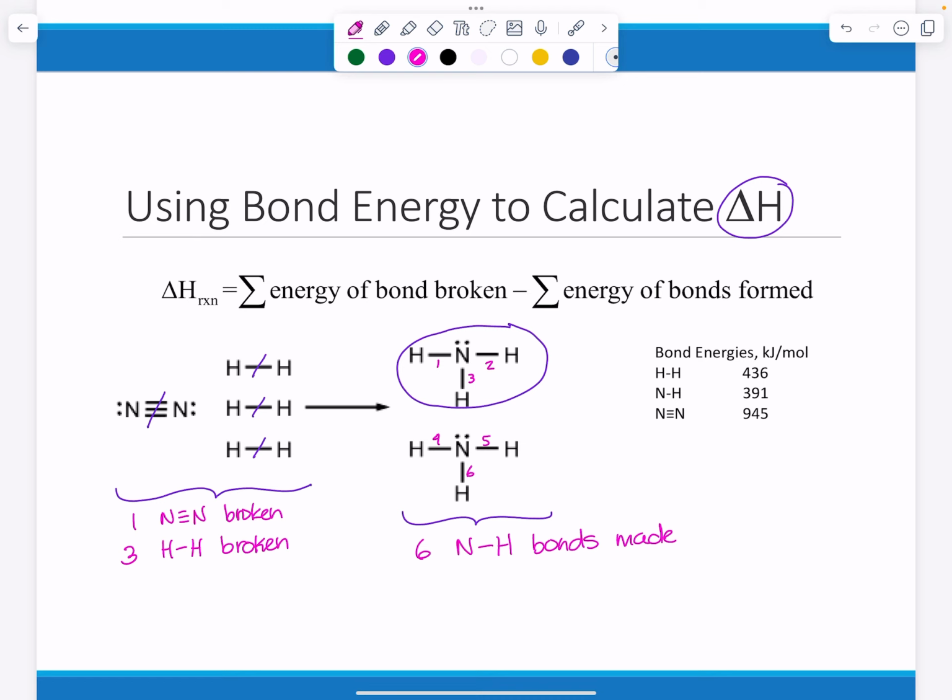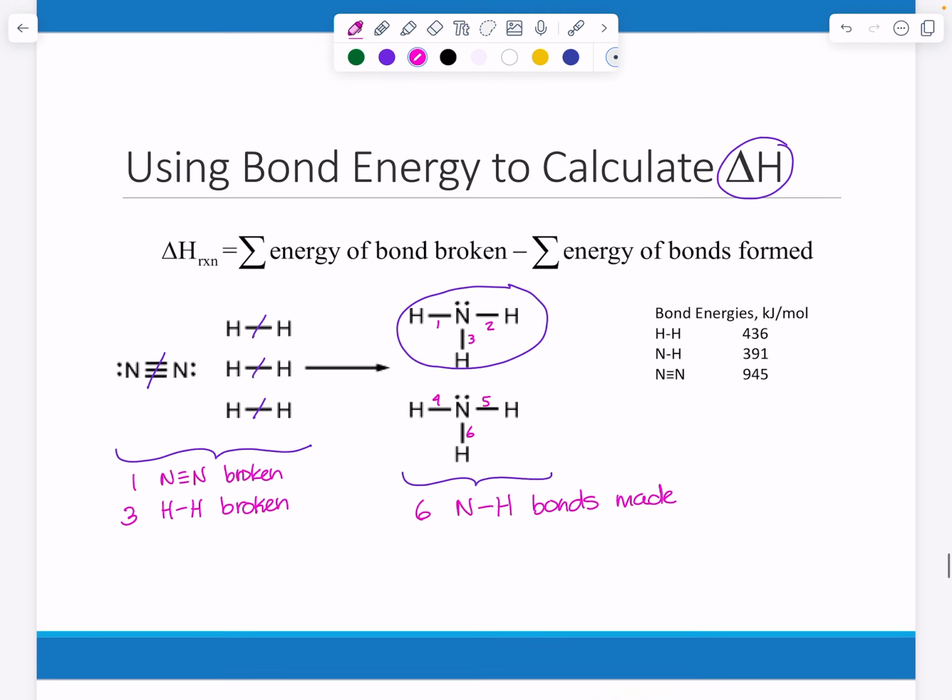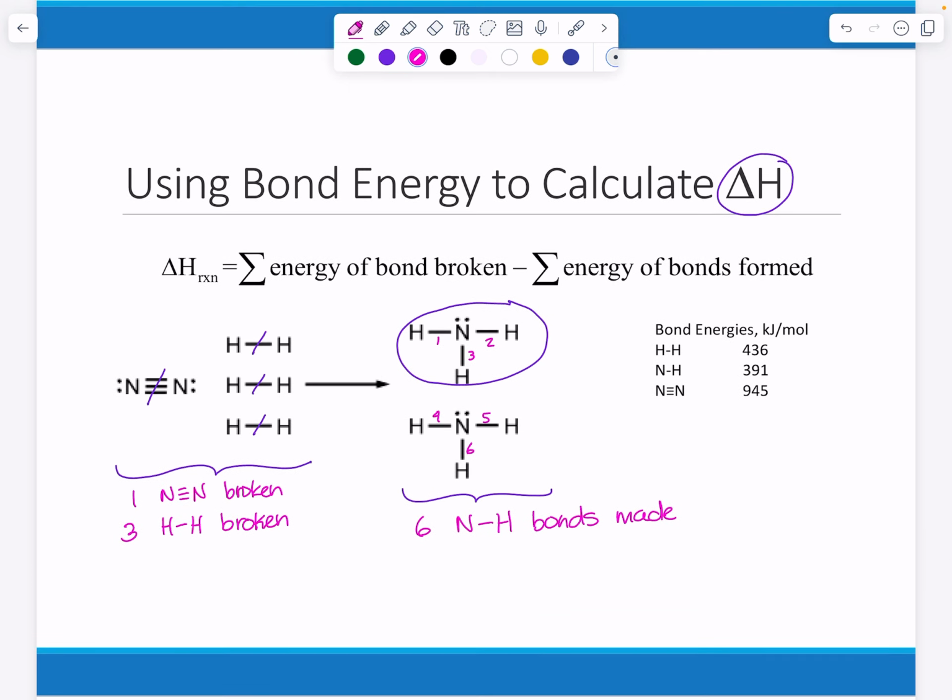The way we would do this is we would add up all the energies of the things that are broken, and subtract the energy of the bonds that are made.